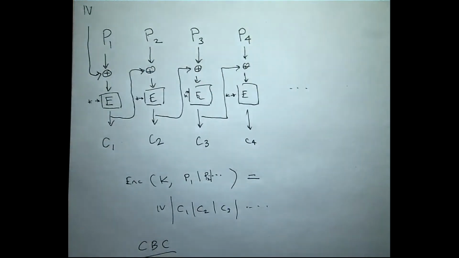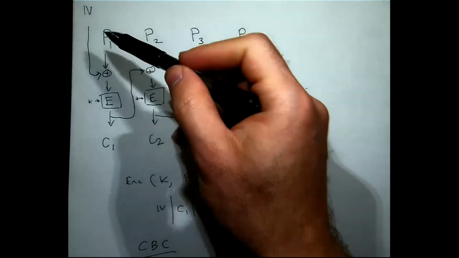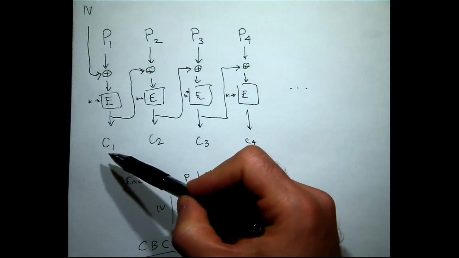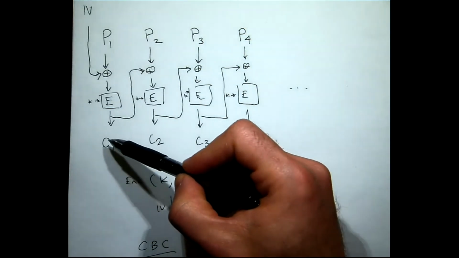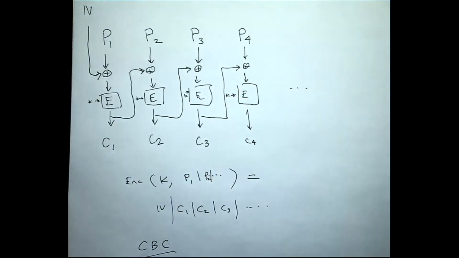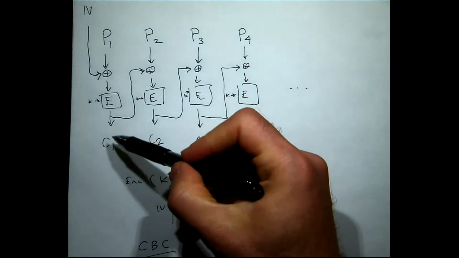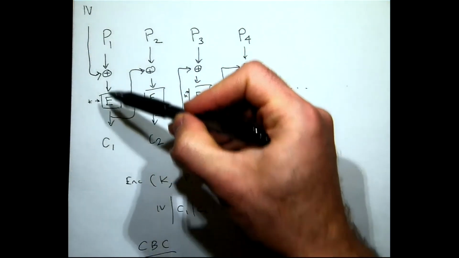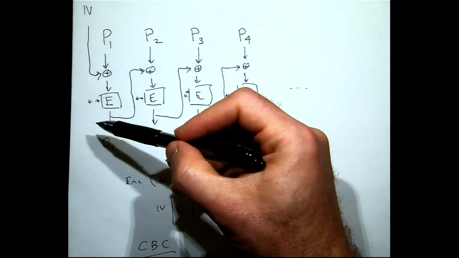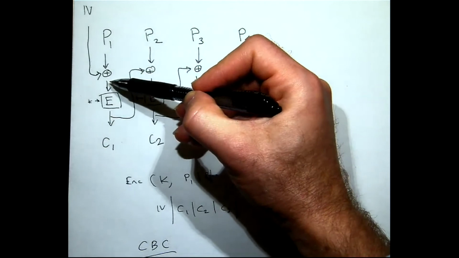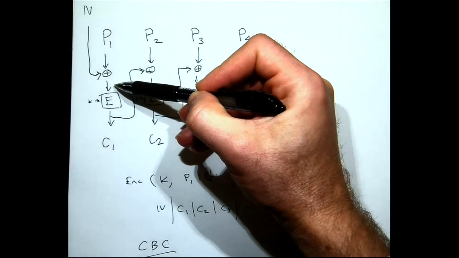Well, let's think about how they would learn what P1 is. They know what C1 is. The recipient knows what C1 is. And there's an encryption algorithm. Block ciphers, remember we said they're bijective, they're reversible, they're one-to-one. So there is a way you can undo the block cipher. You can do the decryption version of the block cipher if you know the key. So the recipient knows the key and knows C1, so they can obtain this value here. Now, can they obtain P1?